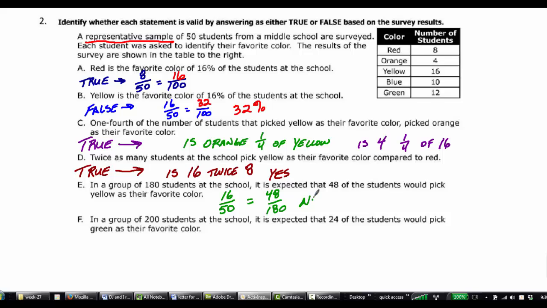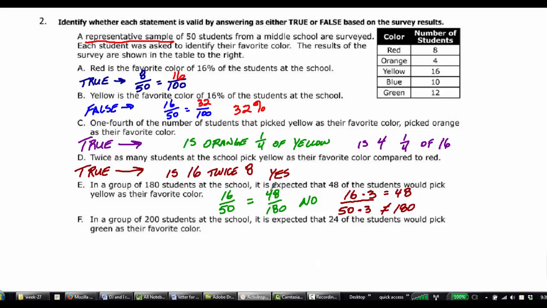And I know the answer to that is no. And the reason I know it is 16 times 3 is 48. 50 times 3 is not 180.